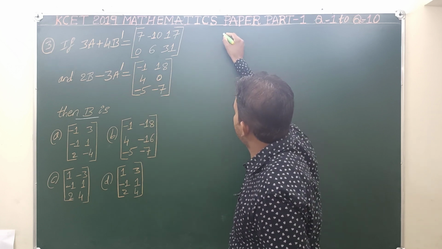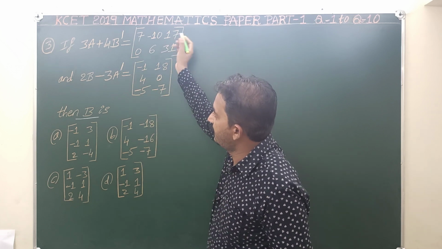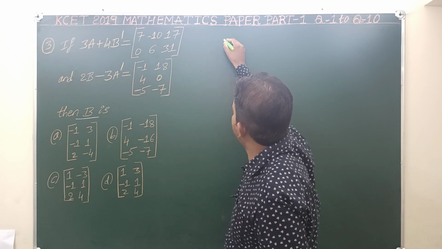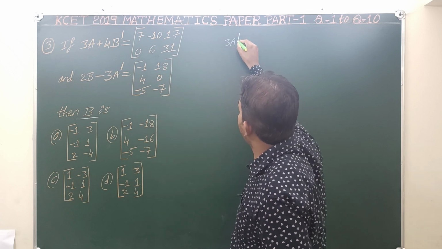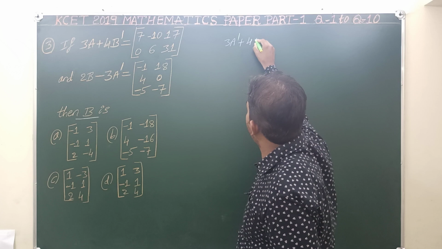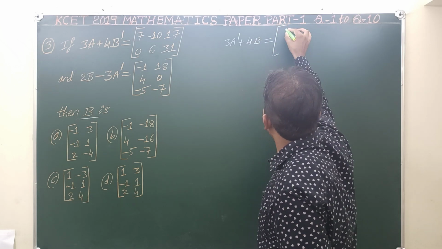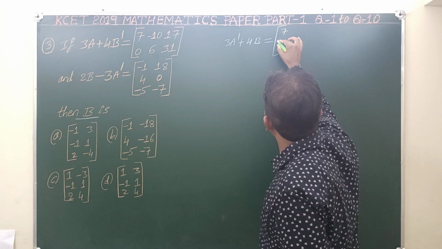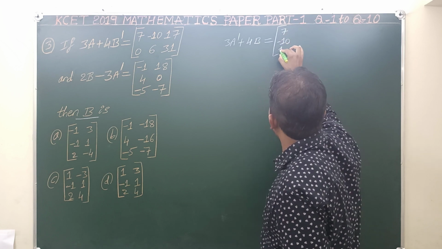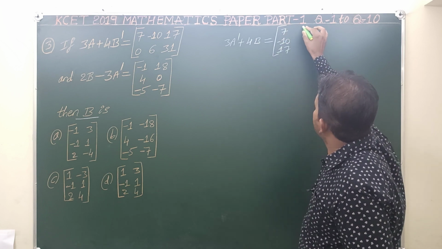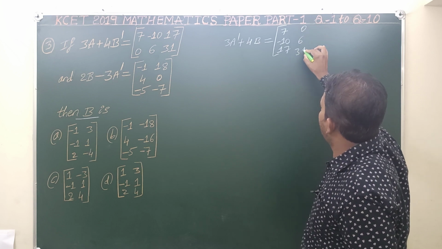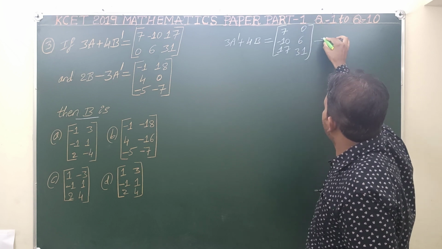Apply the transpose on both sides: 3A transpose plus 4B whole transpose becomes B, and this becomes 7, minus 10, 7, 0, 0, 6, 3, 1. So this is equation 1.